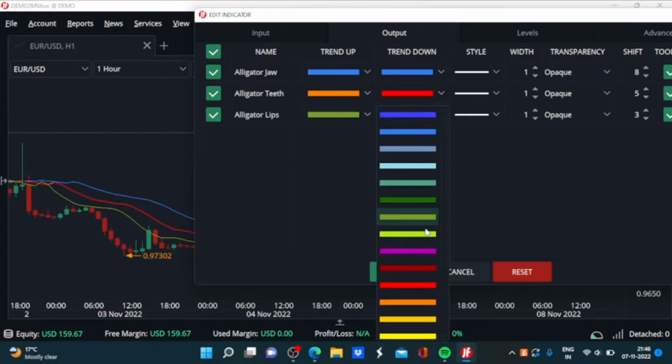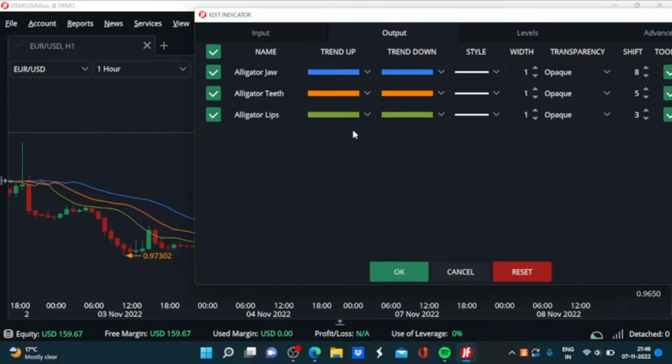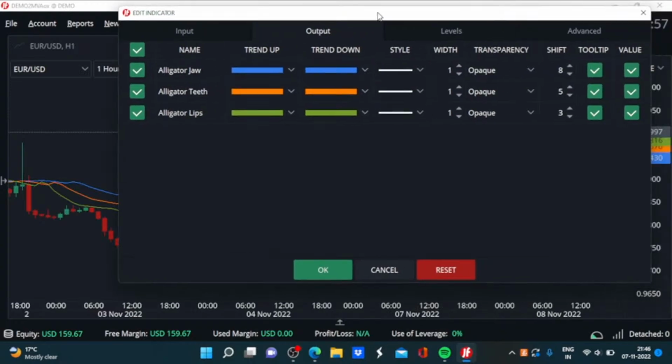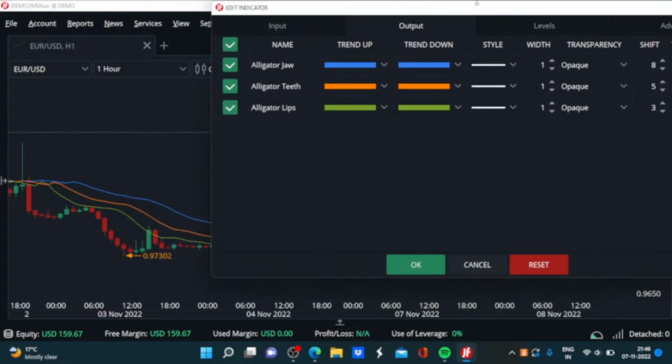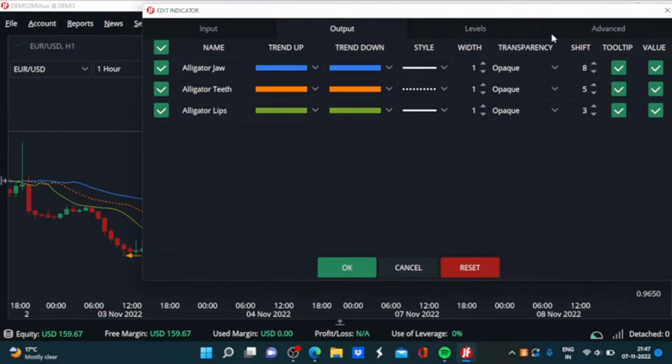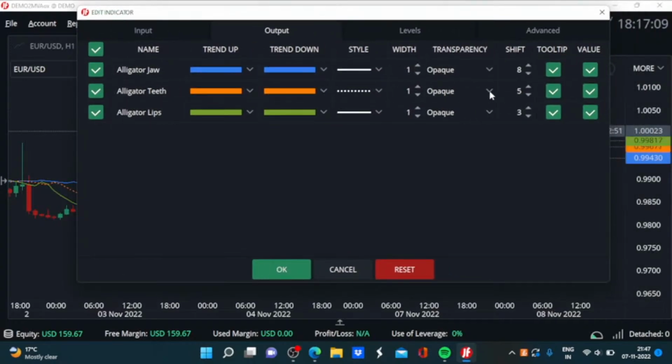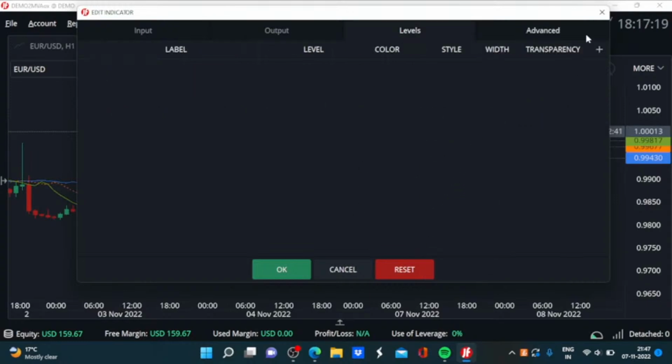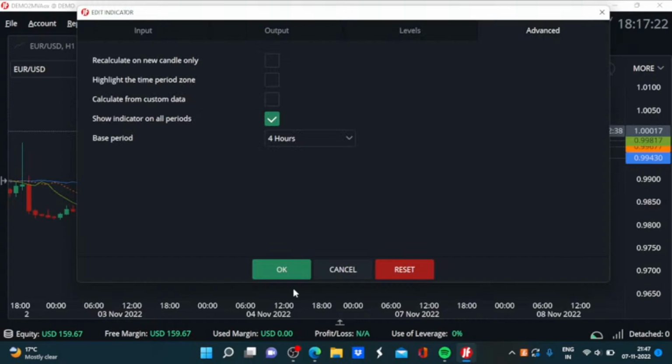So let us just simply change this reddish line to something different, and let's try out a combination of styling. Most other things, I think, are looking quite fine. If you want to increase or decrease the transparency, you can do that as well. Okay, levels, advanced.